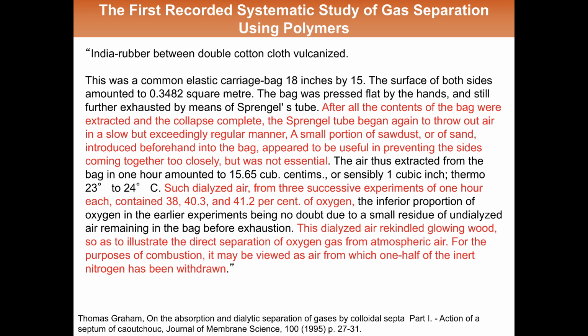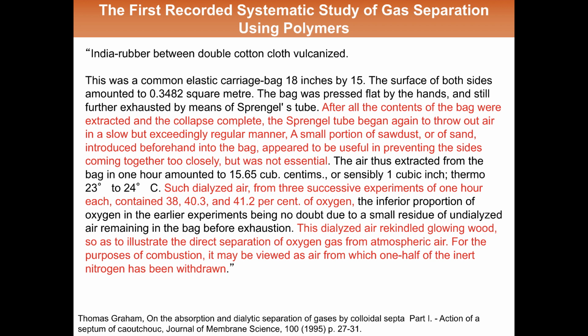Now, air typically has about 21% oxygen, but the air that he collected that had been transmitted through this natural rubber membrane was about twice as high in oxygen as breathing air. And he noted that it would rekindle glowing wood, and that this was an example that illustrates the direct separation of oxygen gas from atmospheric air. Oxygen is more permeable than nitrogen by about a factor of 2, at least, in any polymer.